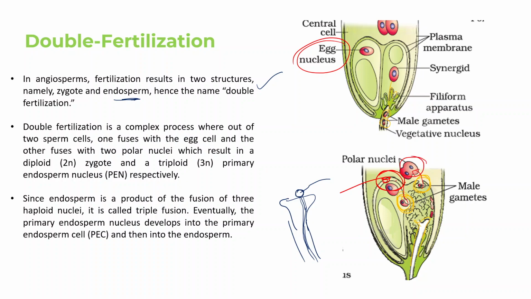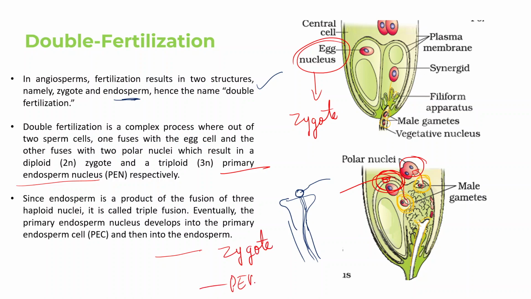What results is first a zygote formation, and second the primary endosperm nucleus formation, called PEN.